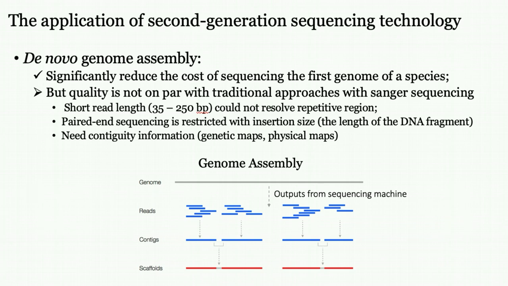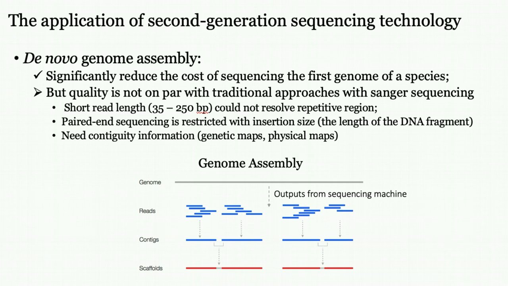The problem is that there's some problem with short-read sequencing, and the problem is that you could not resolve repetitive regions. And the other thing is that although with sequencing technology, you can get pair-end information, for those pair-end fragments, it's usually restricted by how long the DNA fragment can get.